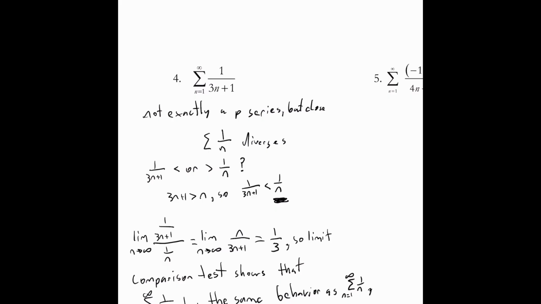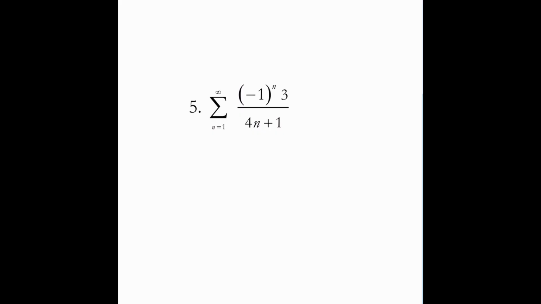So that tells us that our problem number 4 must diverge, since it has the same behavior as the harmonic series. So that's pretty direct, that's pretty good.